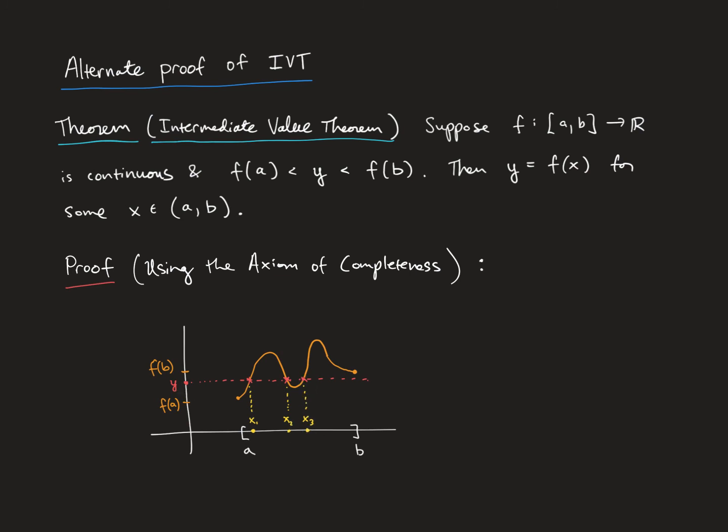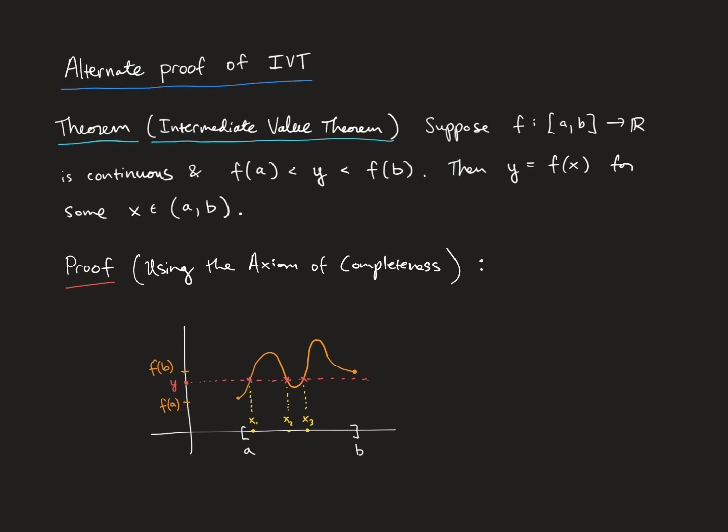We have to show logically that at least one of these values of x actually exists, and we want to do this using the axiom of completeness. So we want to write at least one of these x as the supremum of some natural set.